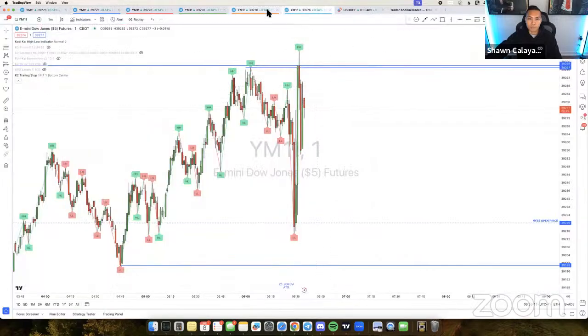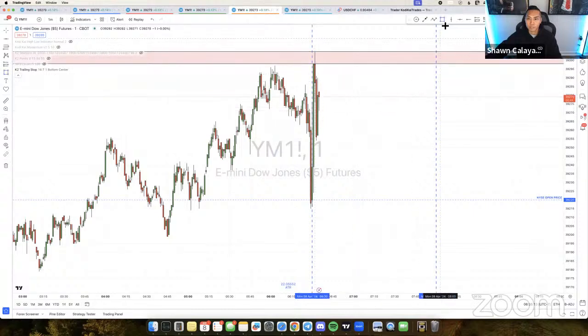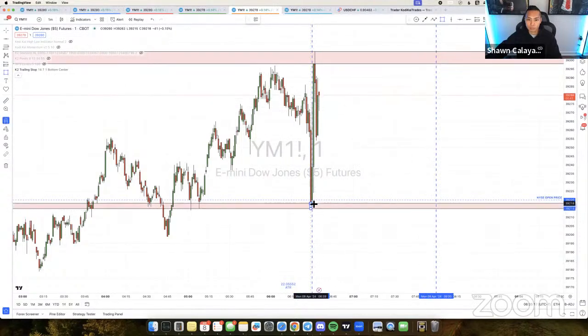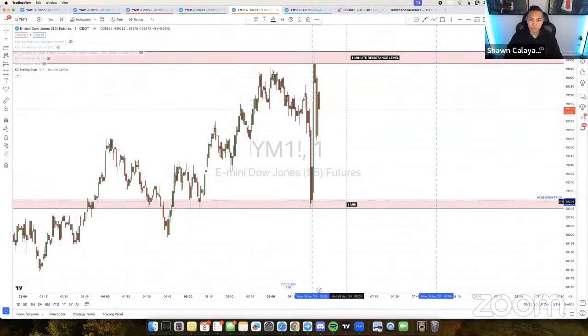So let me go over here to our clean chart. We've got the 1 minute resistance level right here, and we have the 1 minute support level down here.